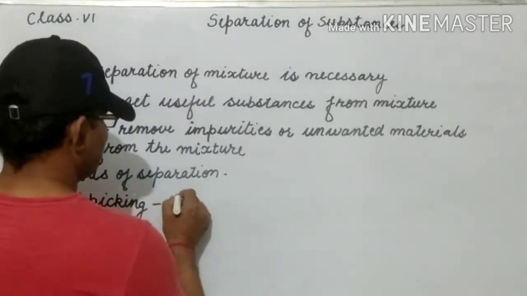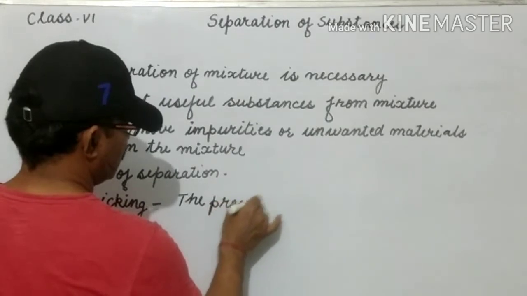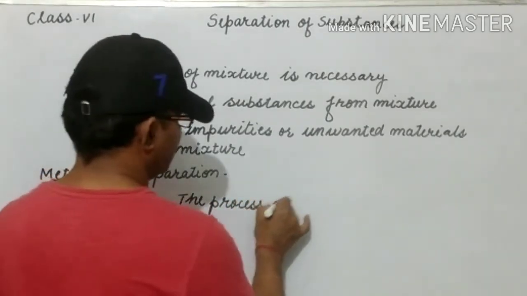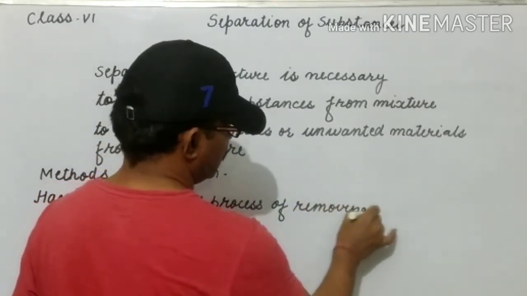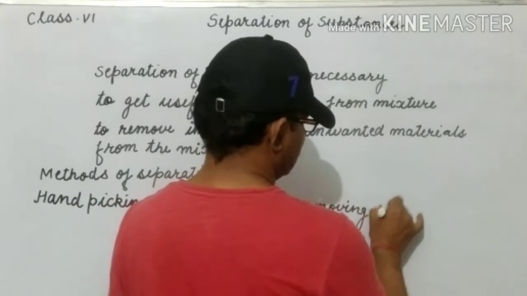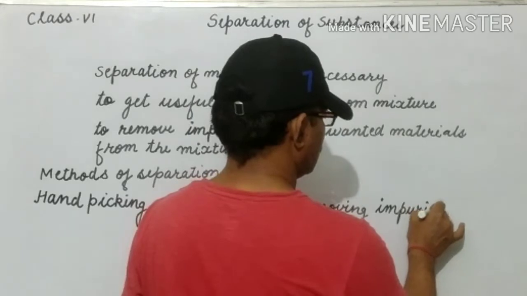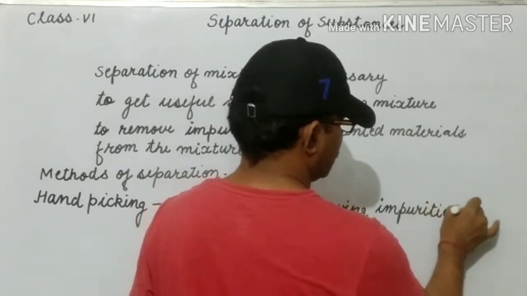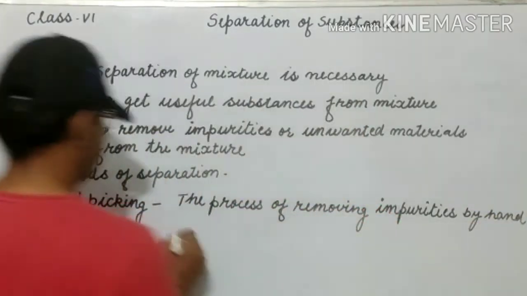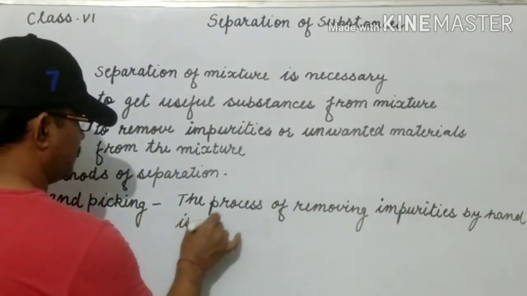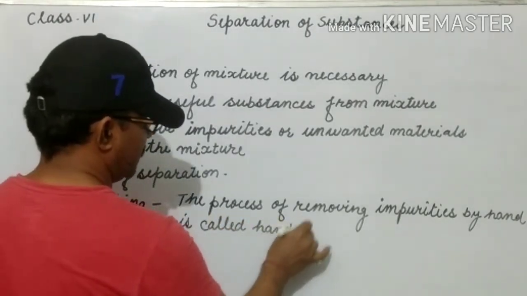The process of removing impurities by hand is called hand picking.